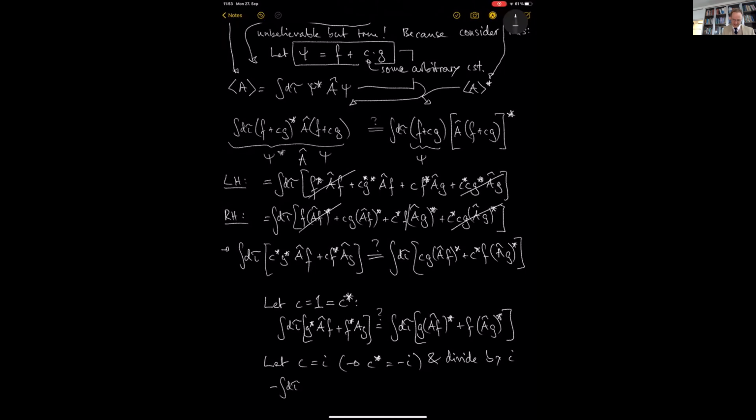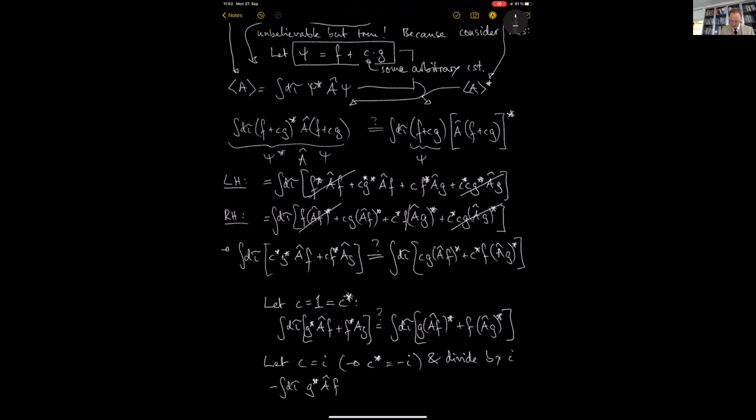I pulled out the C star, that was minus I, and then I divide it by I, so that leaves me with a minus. So I have minus d tau G star A acting on F.